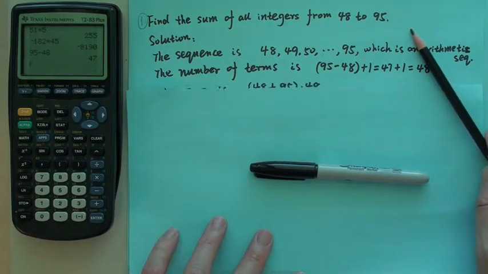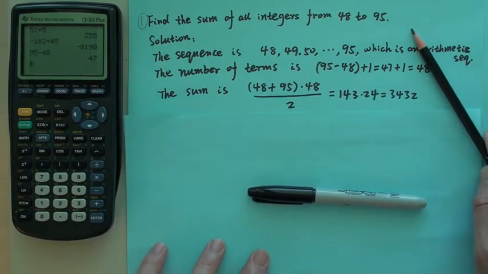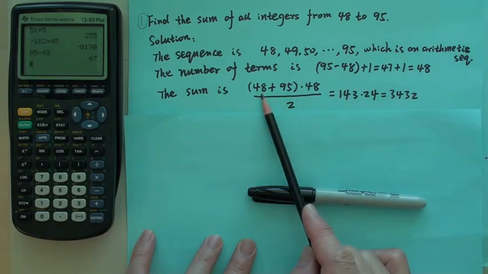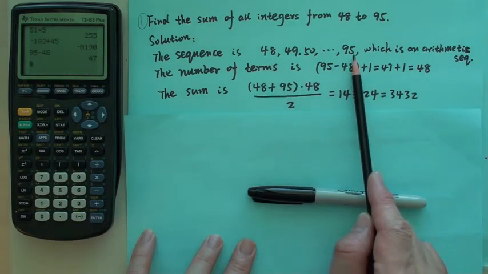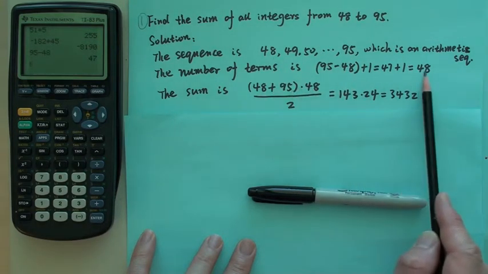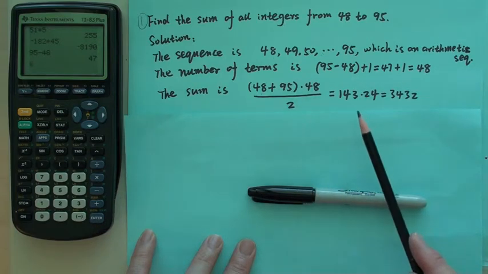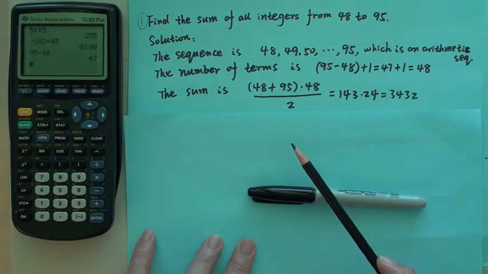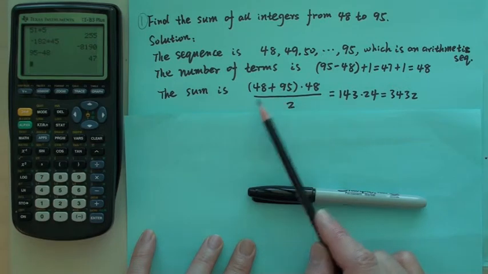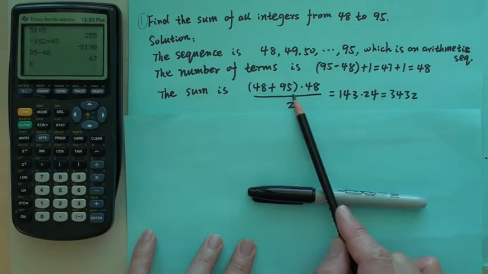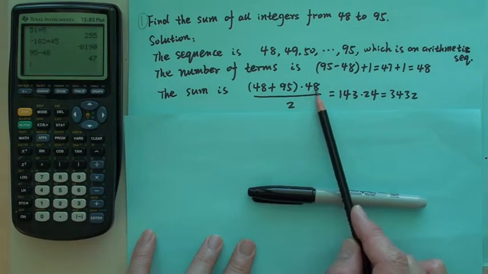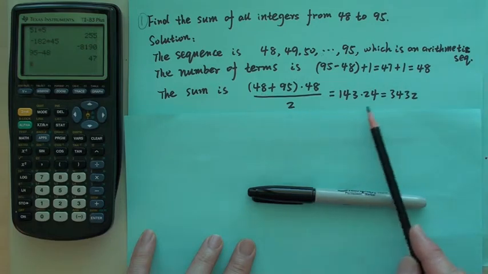And then you can do this very easily. The formula is: the first term plus the last term, times the number of terms, divided by 2. Again, first term plus last term, times the number of terms, divided by 2.